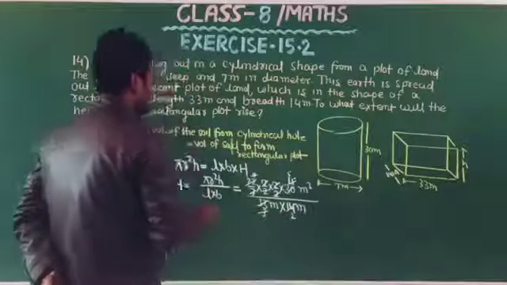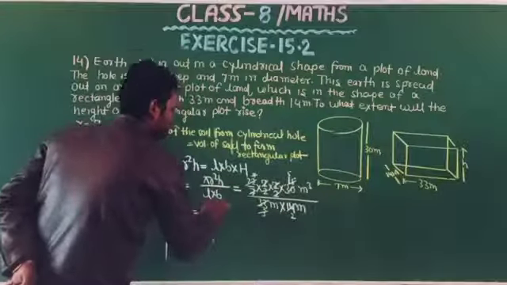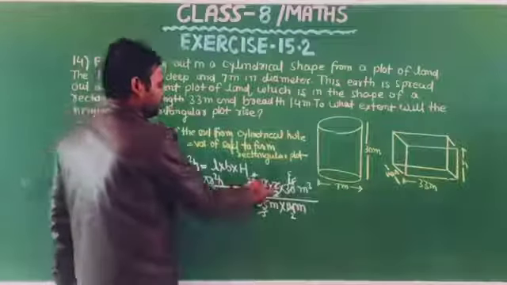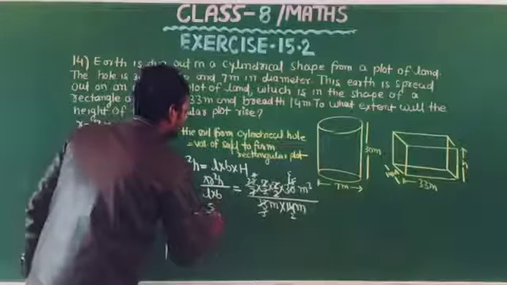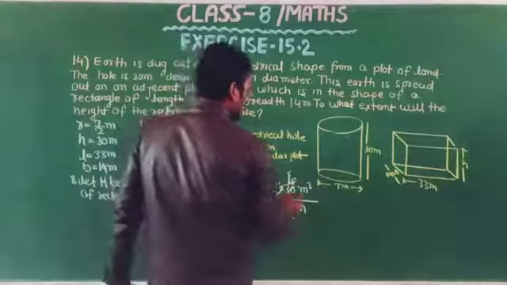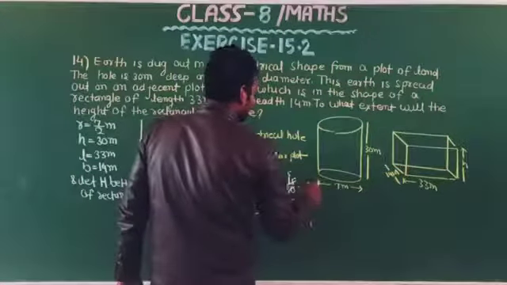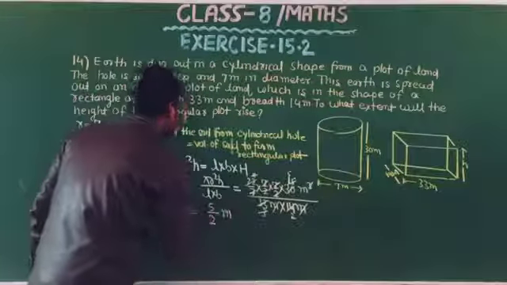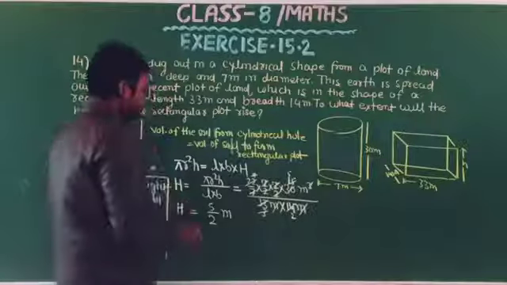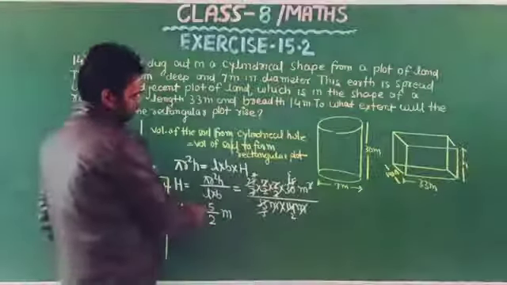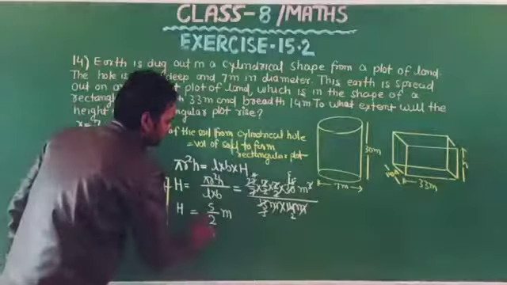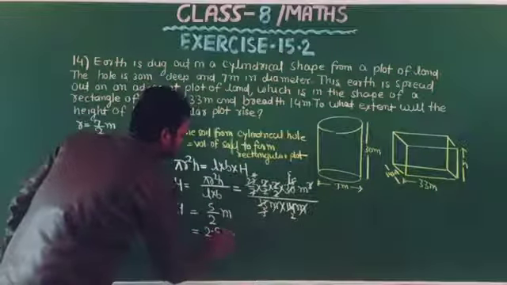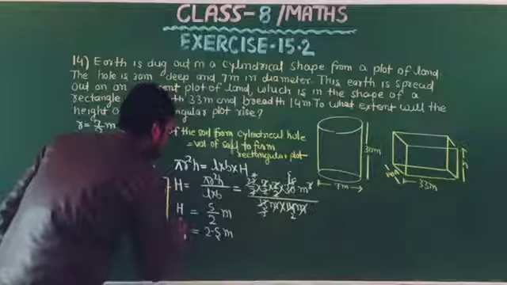After simplification we are left with 5/2, and also 2 meter cancels out from numerator and denominator. So 5/2 meter, and 5 divided by 2 gives us 2.5 meter.